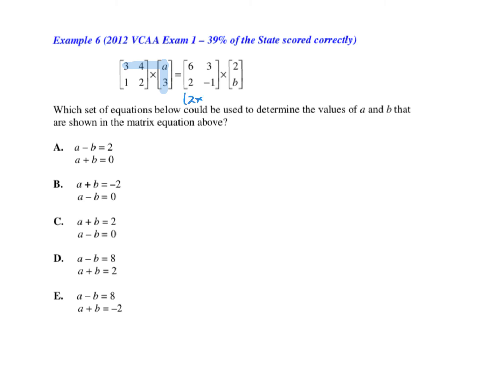This is a 2 by 2 and this is a 2 by 1, so the answer will be a 2 by 1. Okay, we'll do that one first.